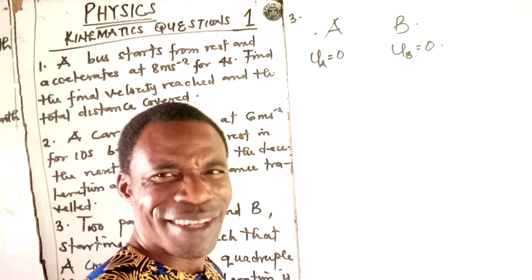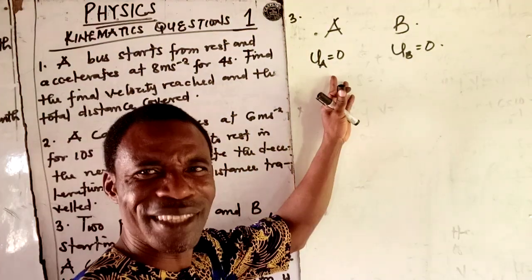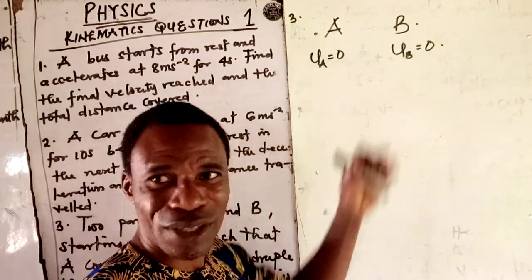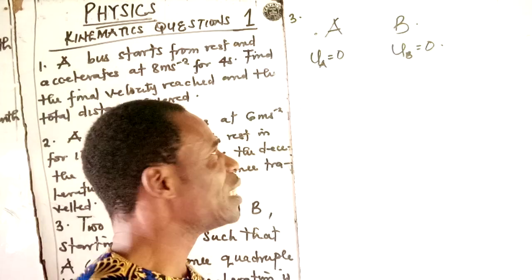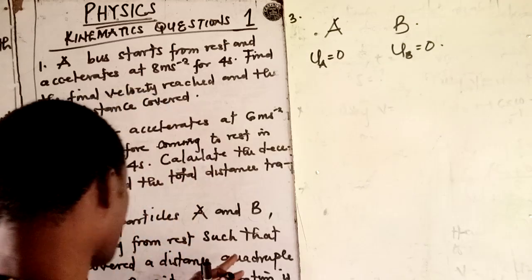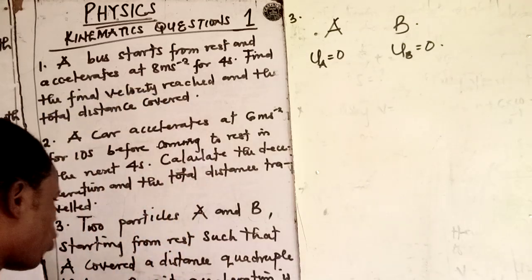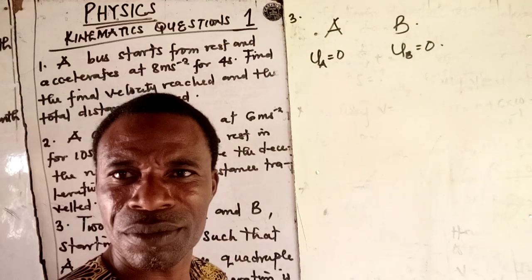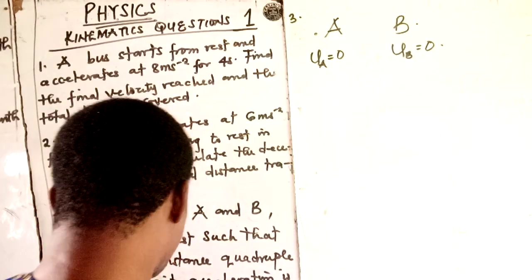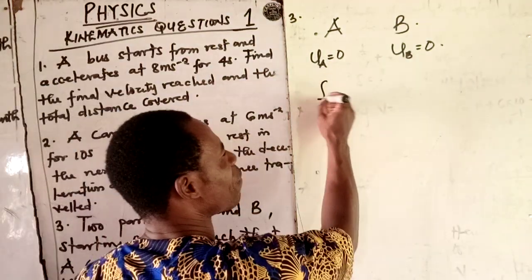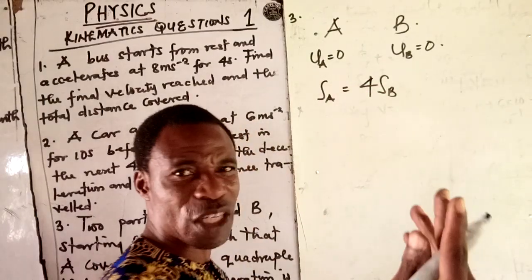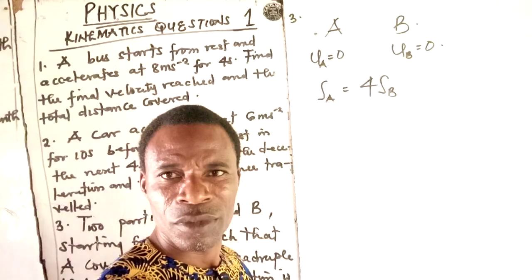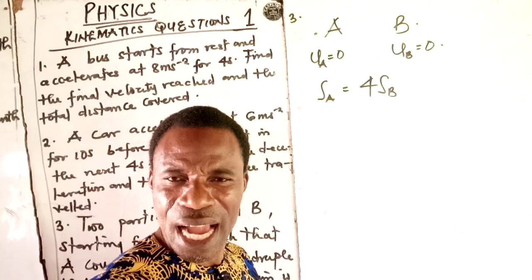U of A is 0. U of B is also 0. Now, it starts from rest so that A covers a distance quadruple that of B. If A covers a distance quadruple that of B, S of A is 4S of B. Quadruple means 4 times.